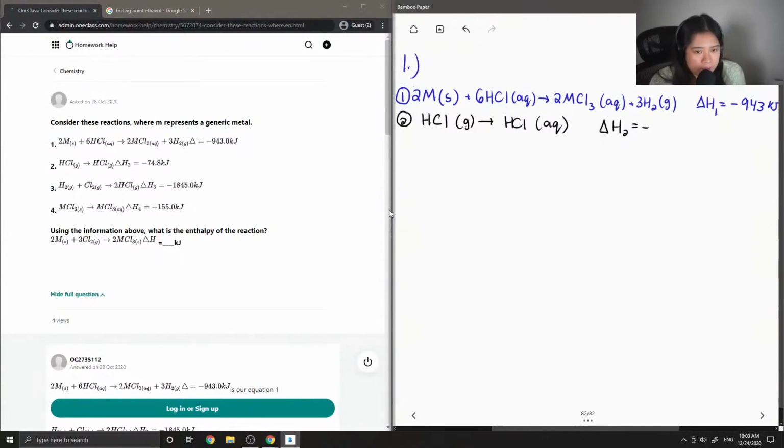So if we tweak one of the reactions, like either multiplying it by 2 or switching the order, we have to do the same thing for the enthalpy values. So in the end, we want to cancel out all the compounds that aren't in the final question.